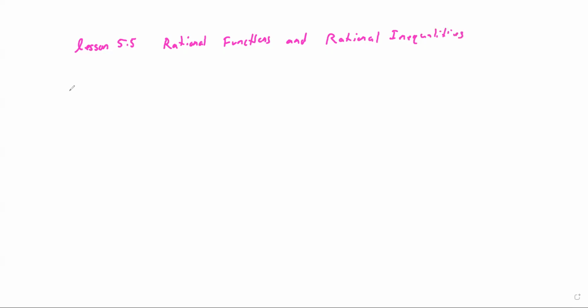All right, so quite a bit of notes before we get into the different homework examples that you'll see. A couple of things to point out. A rational function is basically a function that can be written as a fraction, in a sense.